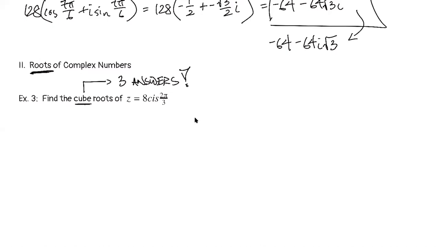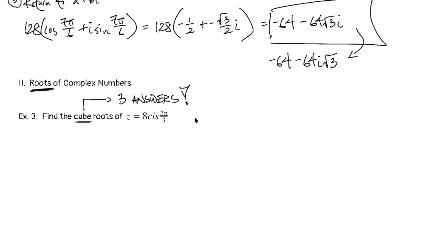So here's what we're going to do. This formula, if I want to find the cube root of this, then I'm going to have z to the 1/3, okay? Because 1/3 is the same as the cube root. Now, if I take a look at what the formula looks like, z to the 1/3 means I'm going to take my r and I'm also going to raise it to the same power that I raised my z.